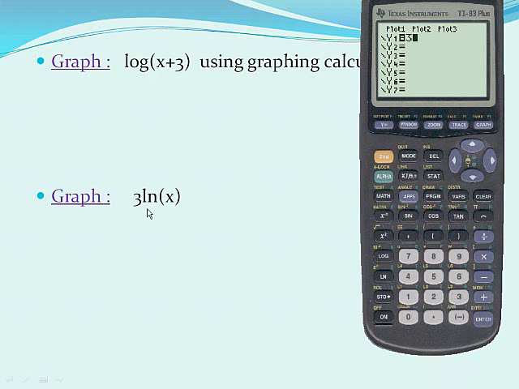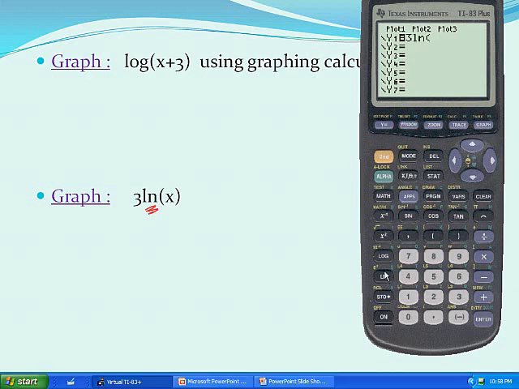Notice that this will be ln, so we need to use this key up here. The graph will look like this.